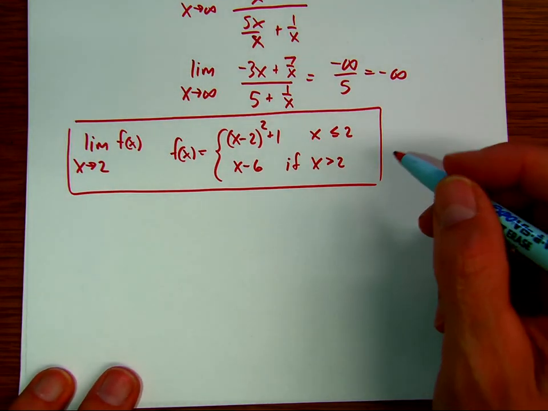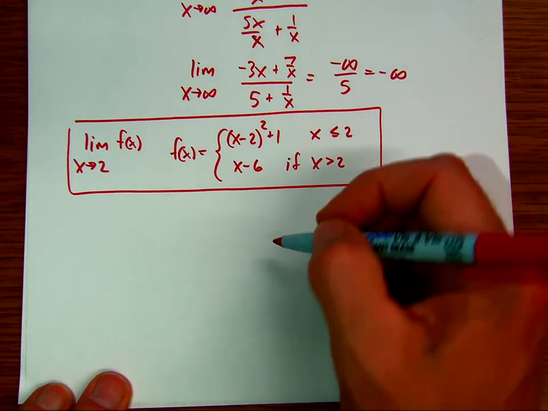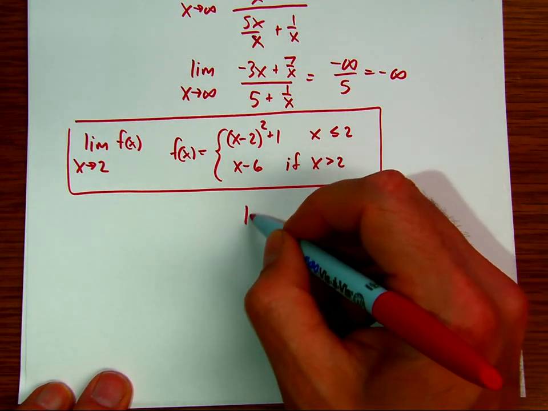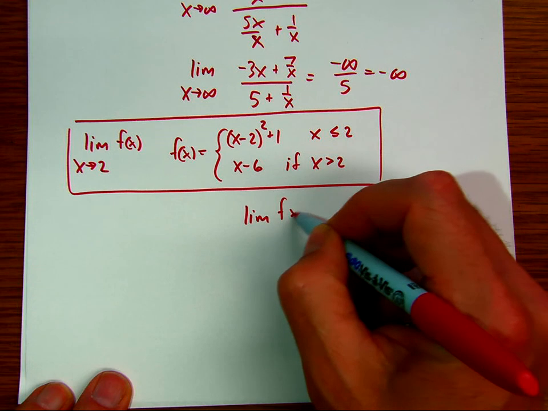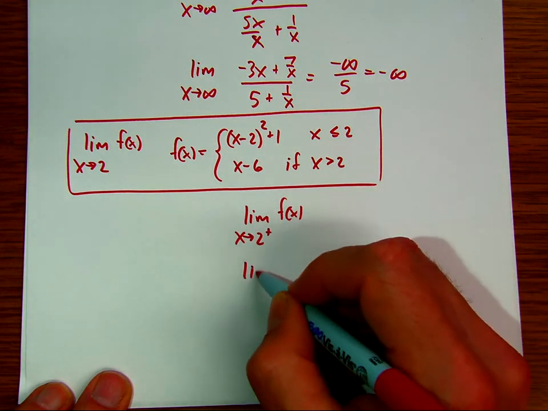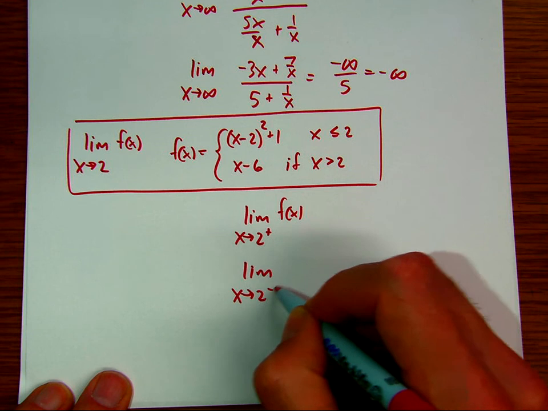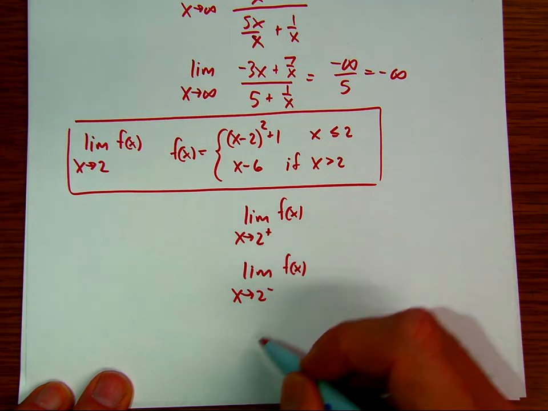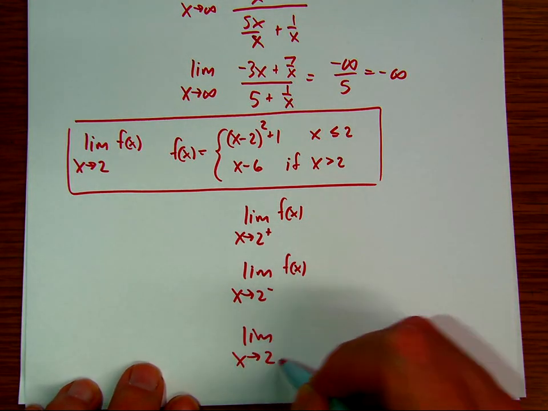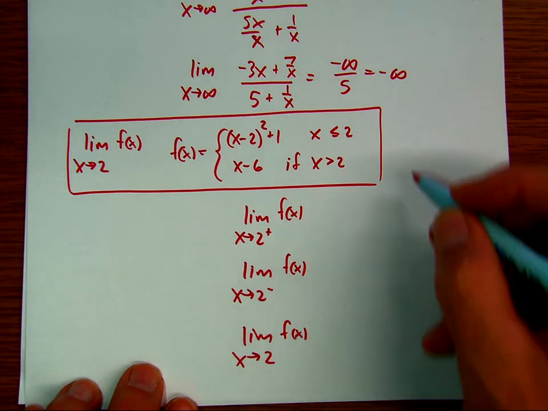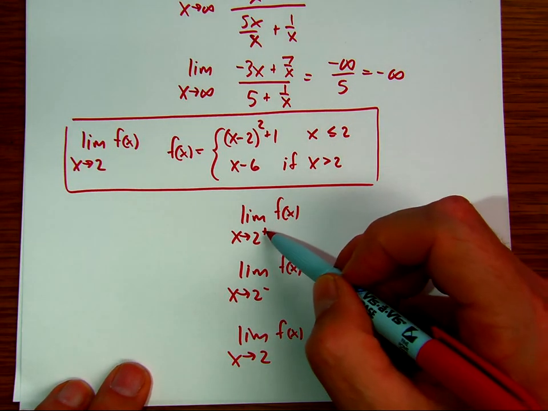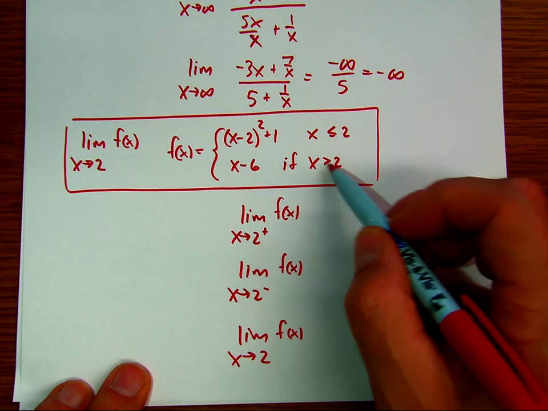And if we want to find the limit, we have to look at the limit as x goes to 2 from the right, the limit as x goes to 2 from the left, and then that will tell us what the limit as x goes to 2 from both sides is. And here it's just looking at, okay, we're to the right of 2, that means we're using this function.